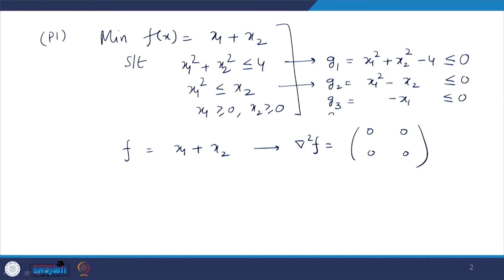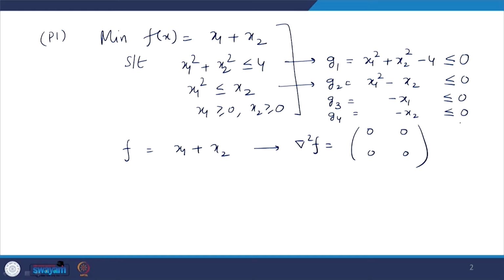The fourth constraint is minus x2 less than or equal to 0. This x1 greater than or equal to 0 we can write as minus x1 less than or equal to 0. So, how many constraints do we have in this problem? We have 4 constraints, and the objective function is already shown to be convex. So, if all 4 constraints are also convex, then we can say that this problem is a convex programming problem. Let us see the first constraint.